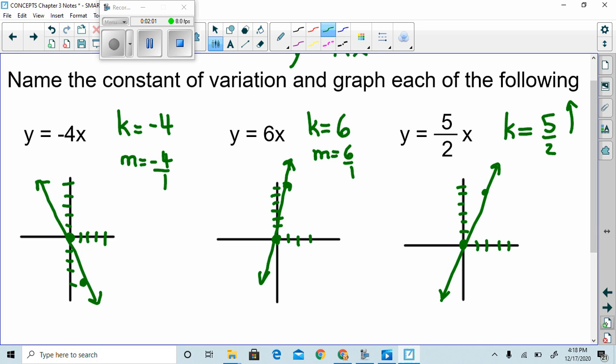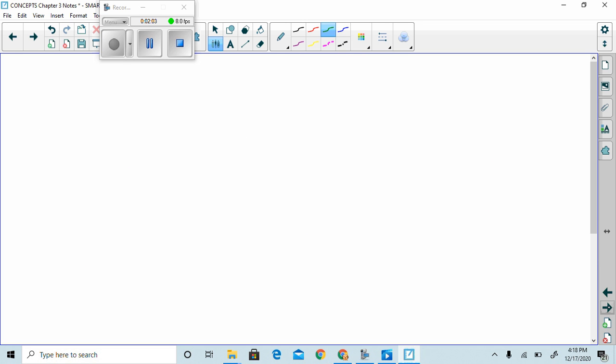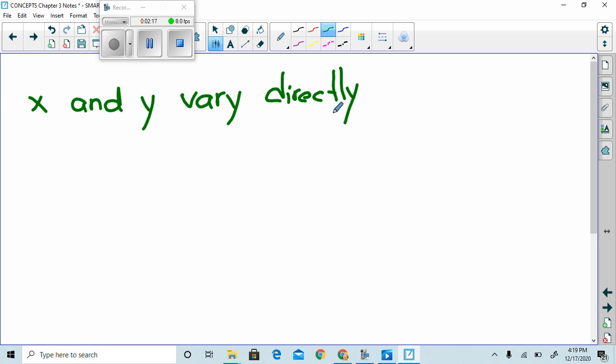All right, and again, we had statements in yesterday's lesson saying x and y vary directly. And they'll give us the conditions when x equals 5, and maybe y equals -15.